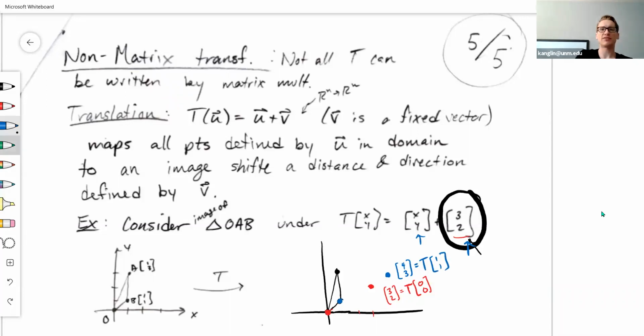And finally, my last vertex here, that was the point 1, 3. If I plug in 1, 3 here and add 3, 2, I get 4, 5. So 4, 5 would be roughly 4, 2 higher, roughly here.